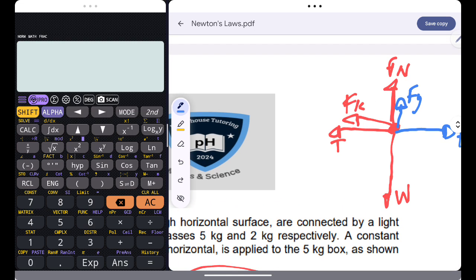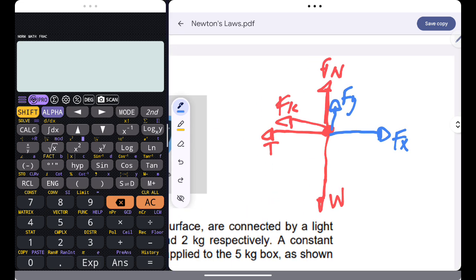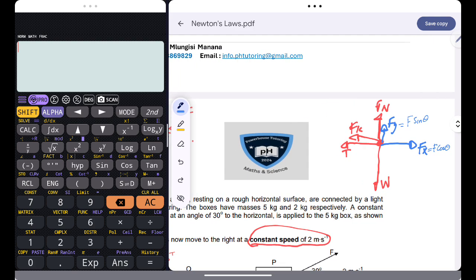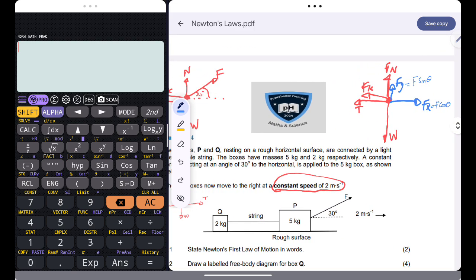Alright, together. We can calculate Fx by saying the force which is applied multiplied by cos of theta, and then the vertical component is the value of the force which is applied multiplied by sine of theta. The theta just represents the angle between the horizontal and the force.